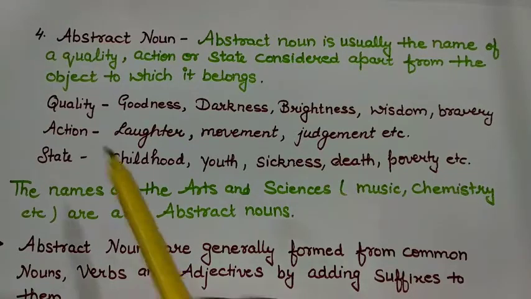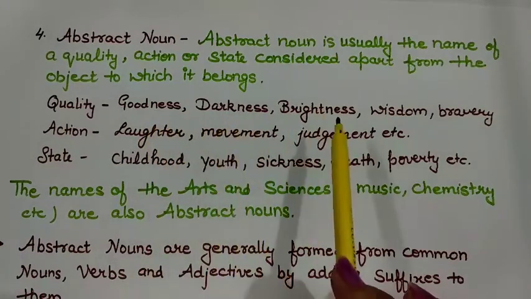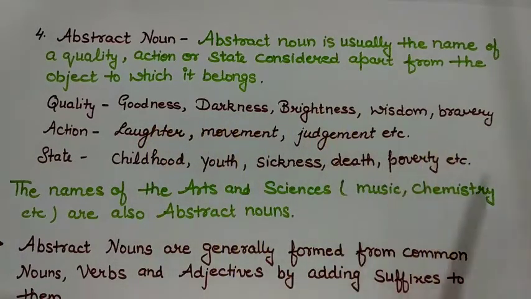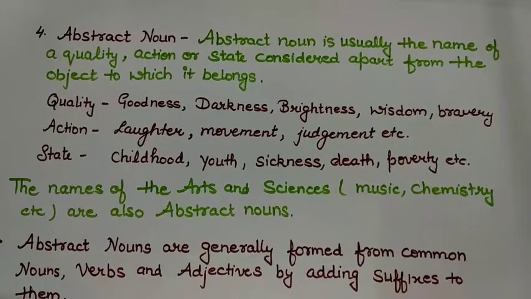Like, quality can be goodness, darkness, brightness, wisdom, bravery, etc. The words representing action can be laughter, movement, judgment, etc. And for state, we can use childhood, youth, sickness, death, poverty, etc. All these words are representing the state of a person or something.